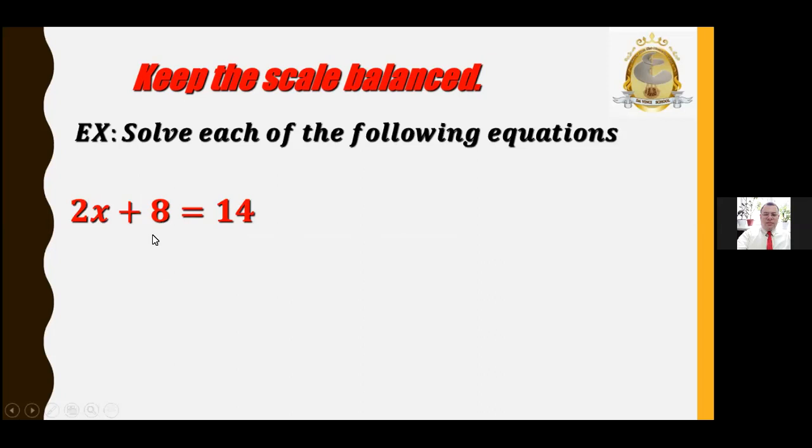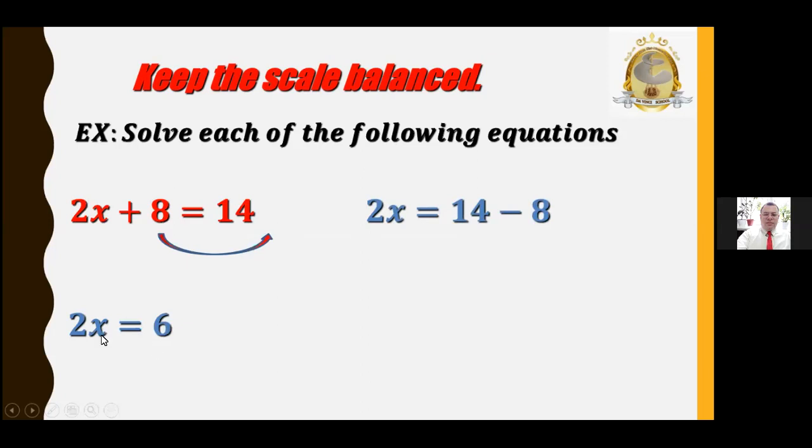At first, remember to move the absolute term, the constant, to move 8, to start with addition or subtraction. Move this 8 to the other side using the inverse operation, to make it negative, minus 8. 2x equals 14 minus 8, then 2x equals 6.